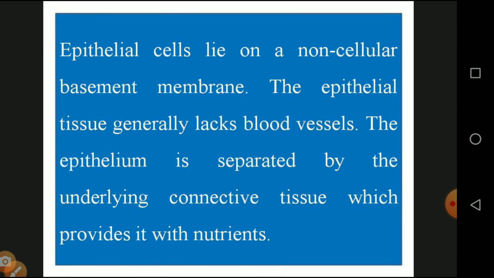Epithelial cells lie on a non-cellular basement membrane. Epithelial tissue generally lacks blood vessels. So if we fall down and get a little scratch on our body, the blood flow is very less because of the lack of blood vessels. The epithelium is supported by underlying connective tissue, which provides nutrients.